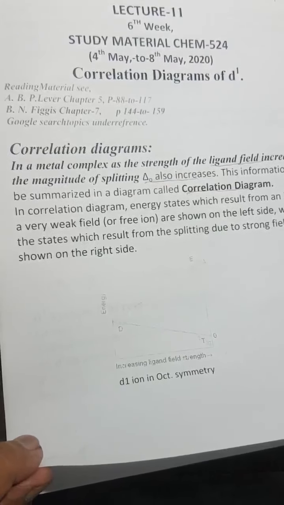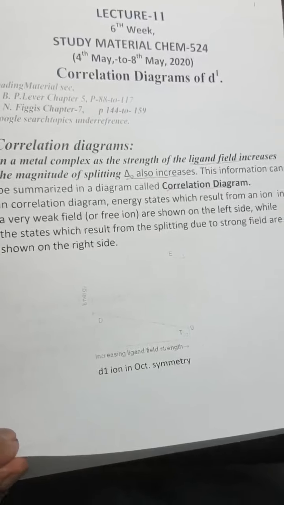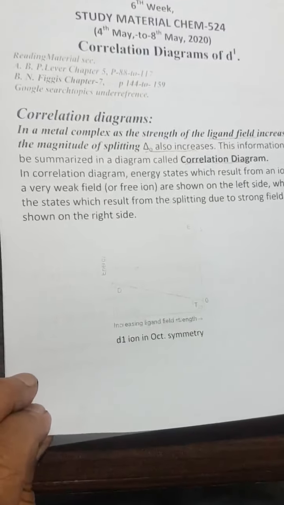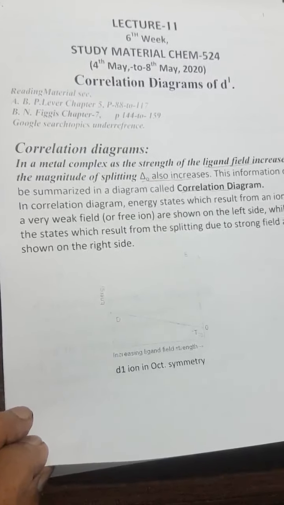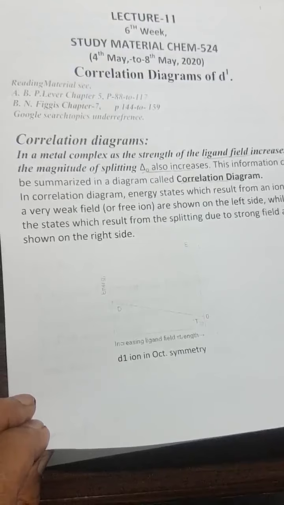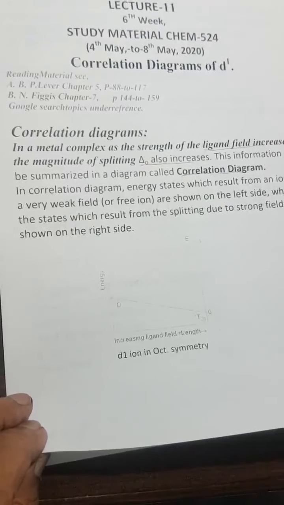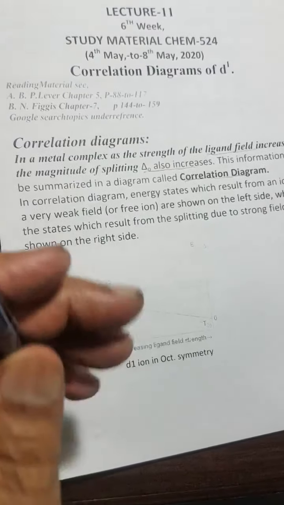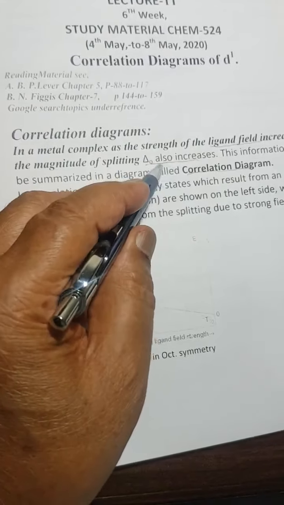What is correlation diagram? To begin with, let me say you are familiar with metal complexes. In metal complexes, as the strength of ligand field increases, the magnitude of delta octahedral also increases.